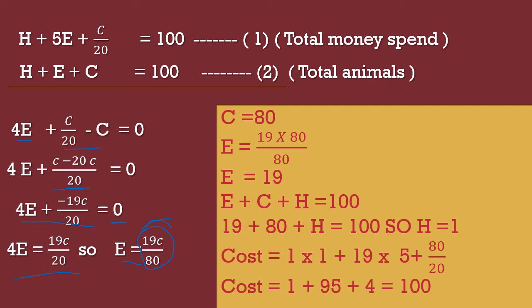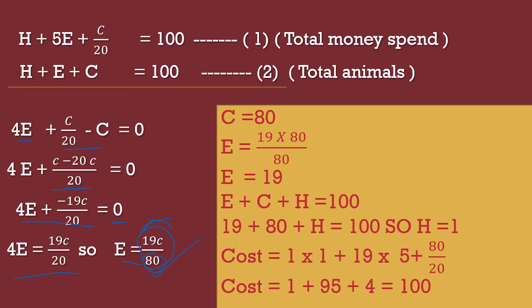Now we have got E equals 19C by 80. The value C takes has to be divisible by 80, because the denominator here is 80. So we can only take 80. We cannot take 160 because that is greater than 100.